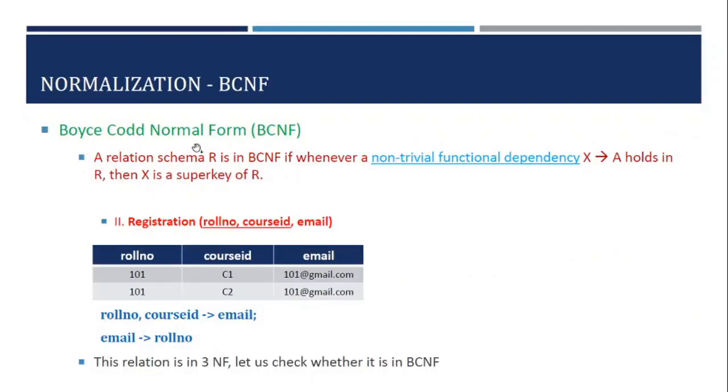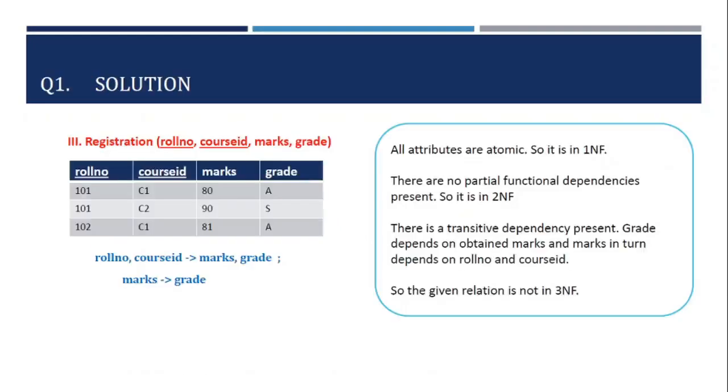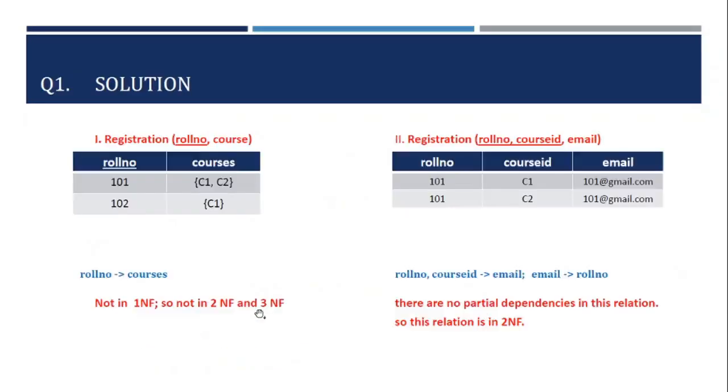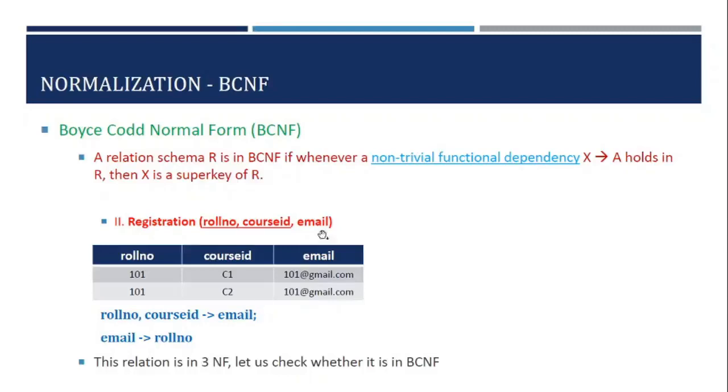BCNF is stricter than 3NF. In the 3NF general definition, for every functional dependency that holds in R, the left hand side should be a super key or the right hand side should be a prime attribute. If we eliminate the second condition, then we get BCNF. So for every functional dependency X gives A that holds in R, X should be a super key. We don't have the condition for the right hand side.